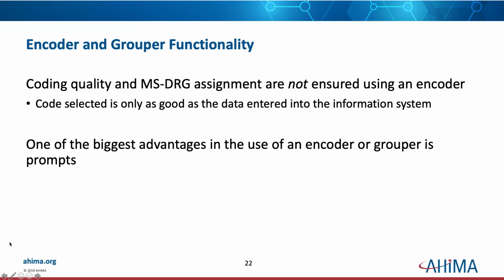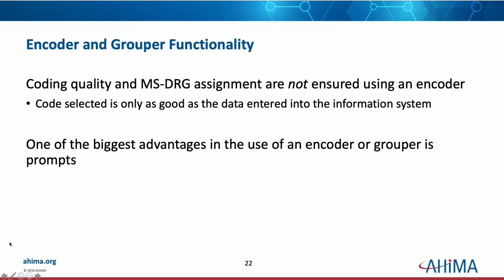I think this next slide brings up a really big point that sometimes we don't always talk about clearly or openly, but just because you use an encoder doesn't mean that your code selection is going to be perfectly accurate.